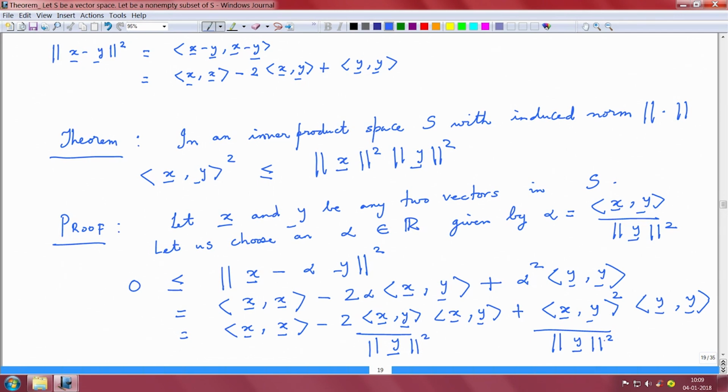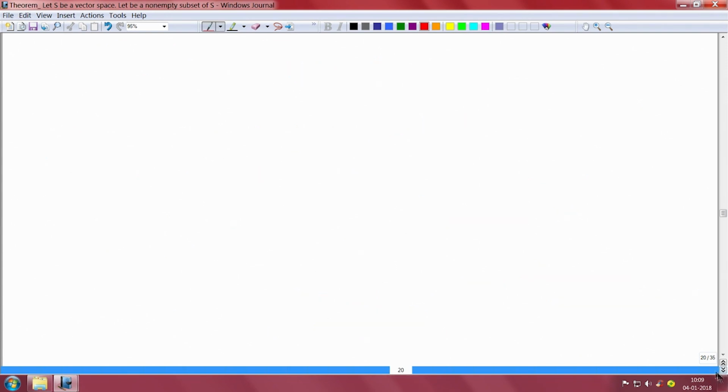And yes, this is an alpha squared here, so this has to be power 4. Okay. So, let us simplify this. This quantity is basically norm of y squared. So, this would just cancel. You have a norm of y squared in the denominator, and you have the inner product of x y squared that appears in the numerator. So, let us just take this forward.